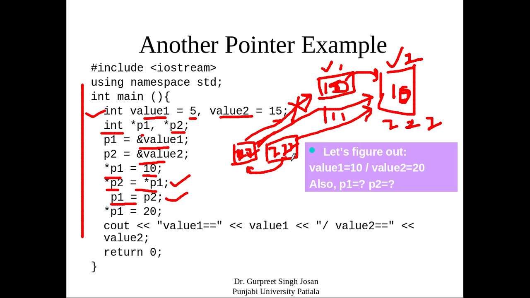So both the pointers are pointing to the same address by using this line, and *p1 equal to 20 means the content of the location pointed to by p1. Now p1 is pointing to 222, so the value there is changed to 20. At this time, if we print the value1 variable, it will print 10, and if we print the value2 variable, it will print 20.